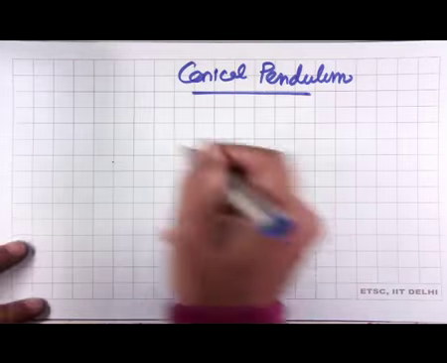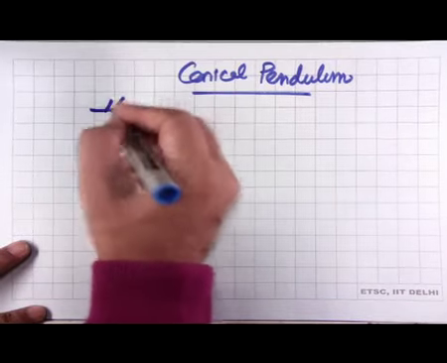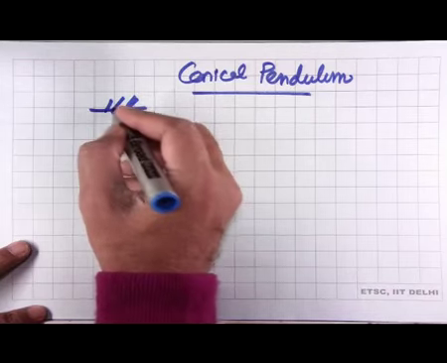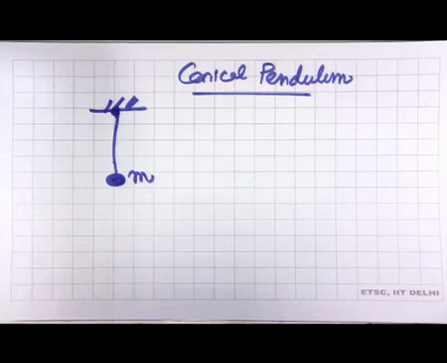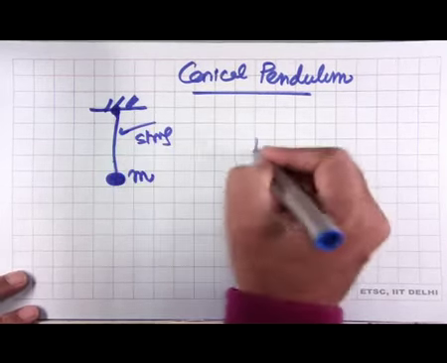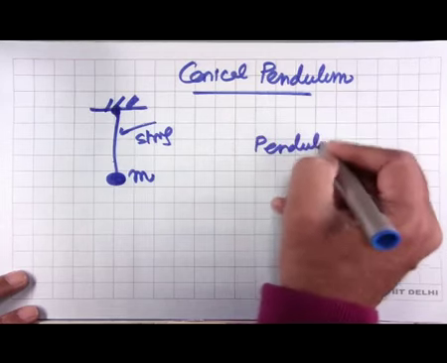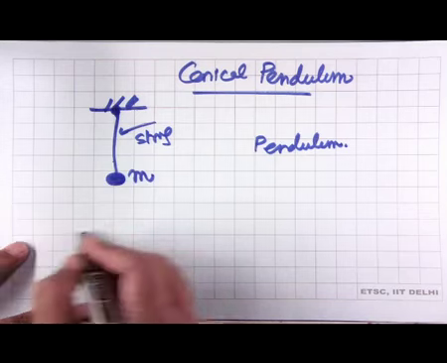A conical pendulum. Suppose we have a string, and we connect it with a ball of mass m. This is what we call a pendulum.